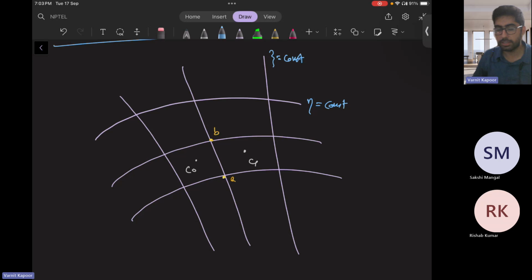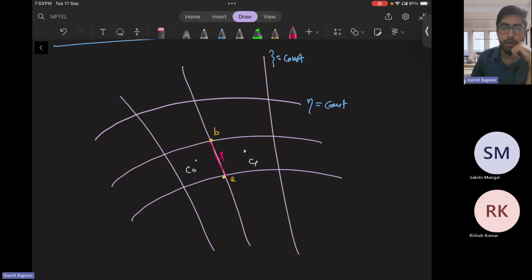And these are our C0, C1 for east and west and so on. We are interested in calculating the gradient on this face F, in this direction. So this is our eta direction, basically.